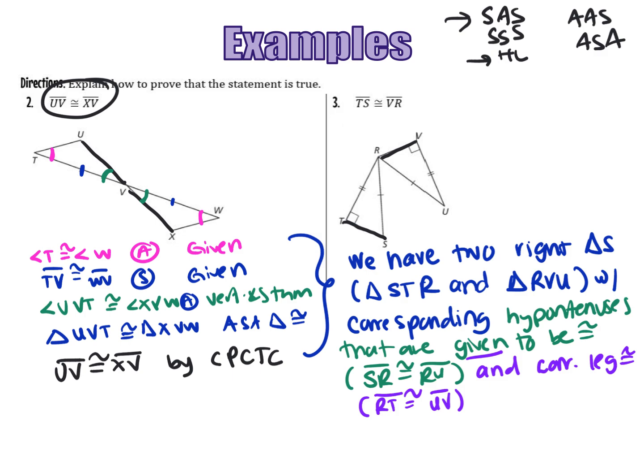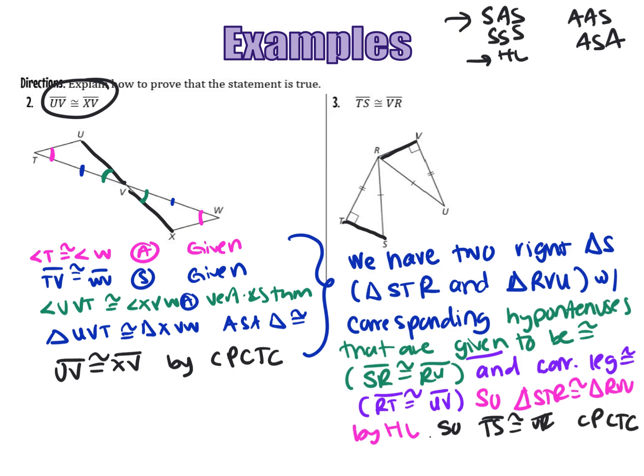And corresponding legs that are congruent, RT is congruent to UV. So we could show that the triangles are congruent using hypotenuse leg. This means that our remaining side, the thing we're trying to prove, so TS, is going to be congruent to VR since corresponding parts of congruent triangles are congruent.